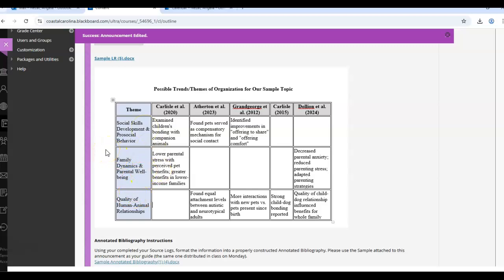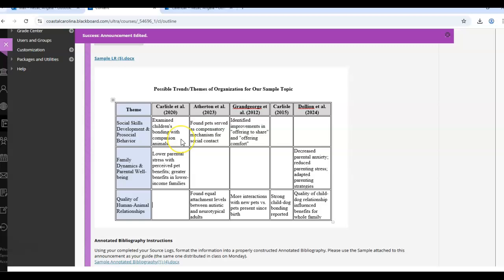Lots of the articles addressed social skills and development and what I called pro-social behavior for people with autism. And I found that 3 of my articles really looked at this overarching theme.